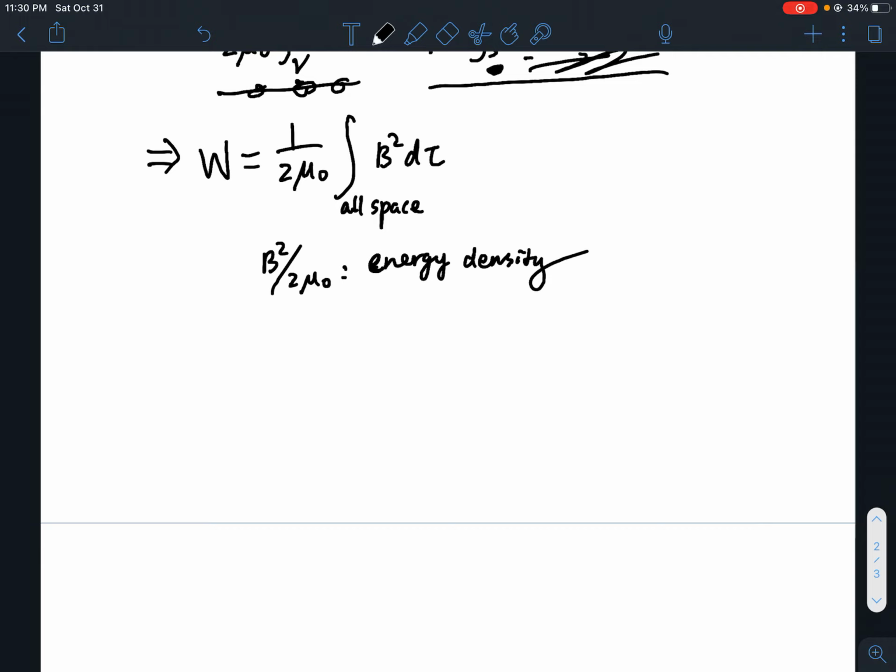So a changing magnetic field, according to Faraday, induces an electric field. And we know that the electric field can do work. In other words, at the very beginning there is no magnetic field and no electric field.